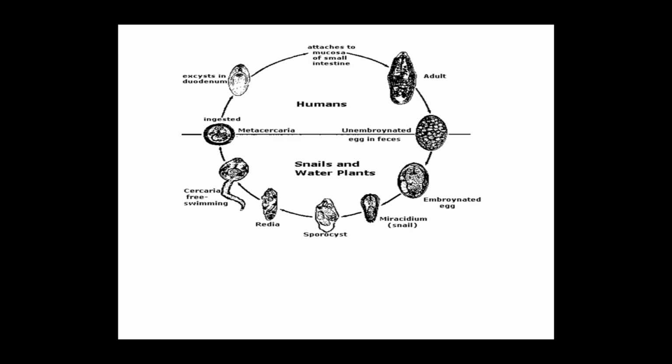The adult discharges an embryonated egg in the biliary ducts, then to the GI tract, then out with the feces. The embryonated egg in feces reaches an environment that has snails and water plants as intermediate hosts.